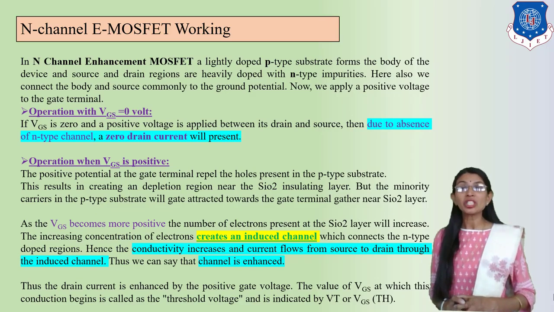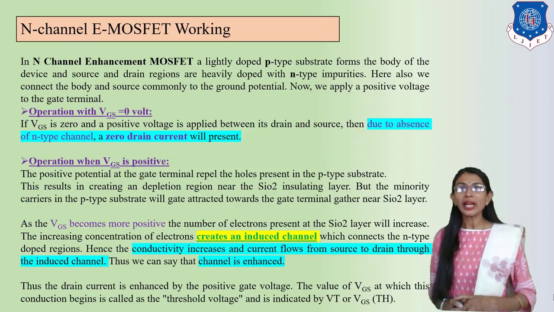Similarly, when VGS is positive, meaning it is greater than 0, if a positive battery is applied to the gate, then more and more electrons will be collected and they will be attracted by the positive terminal and a small channel will exist. So it creates the induced channel near the positive battery and near the SiO2 layer.